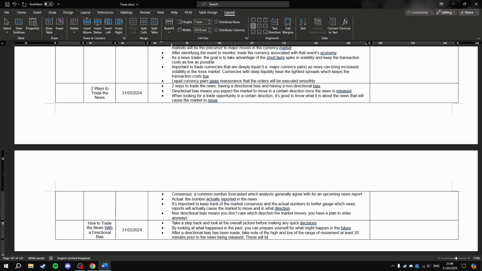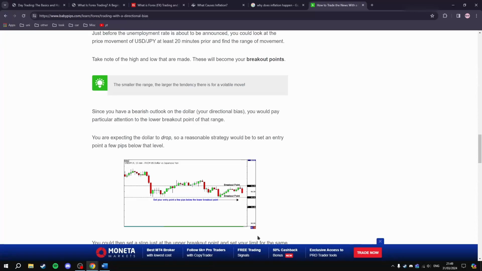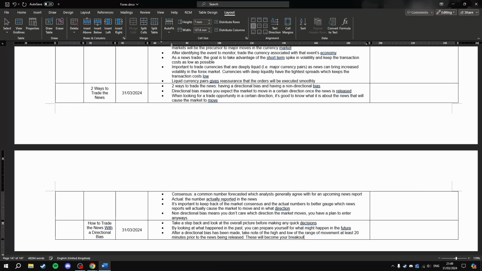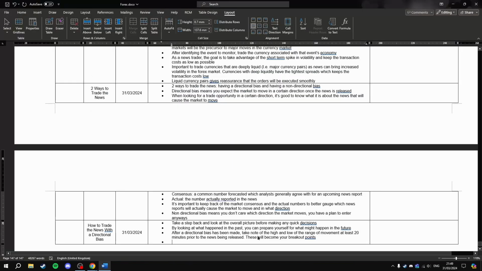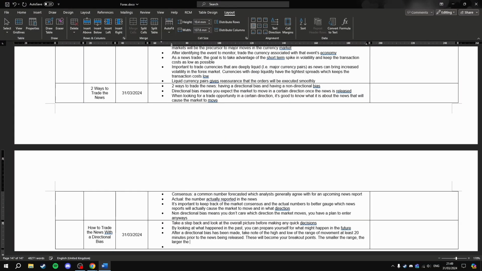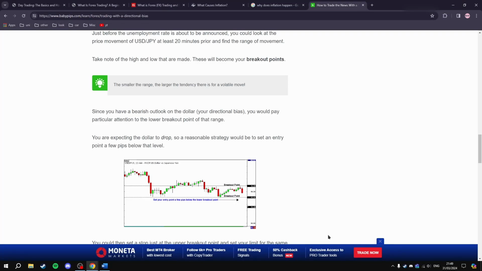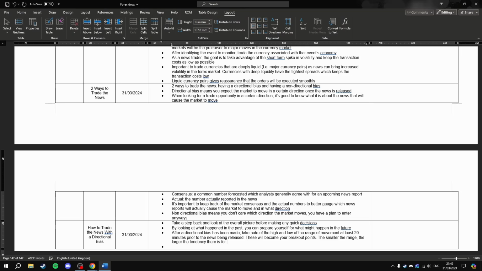These will become your breakout points. The smaller the range, the larger the tendency there is for a volatile move.